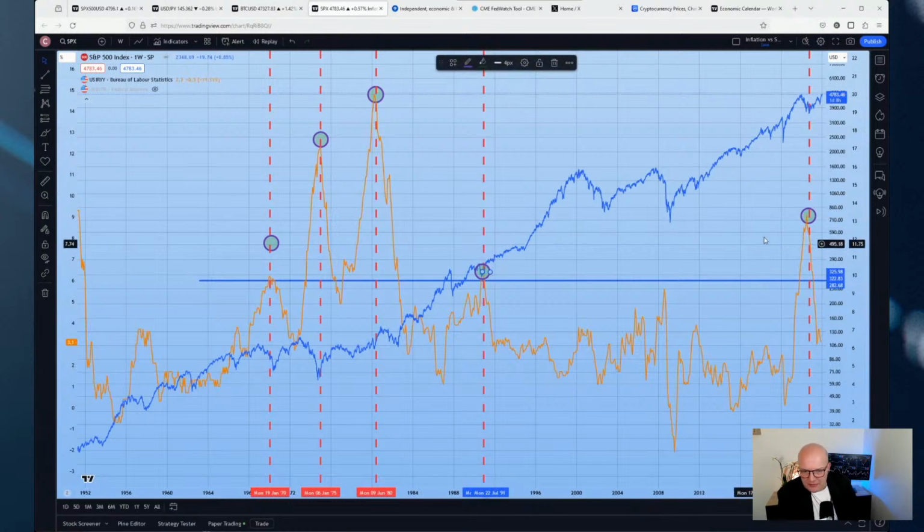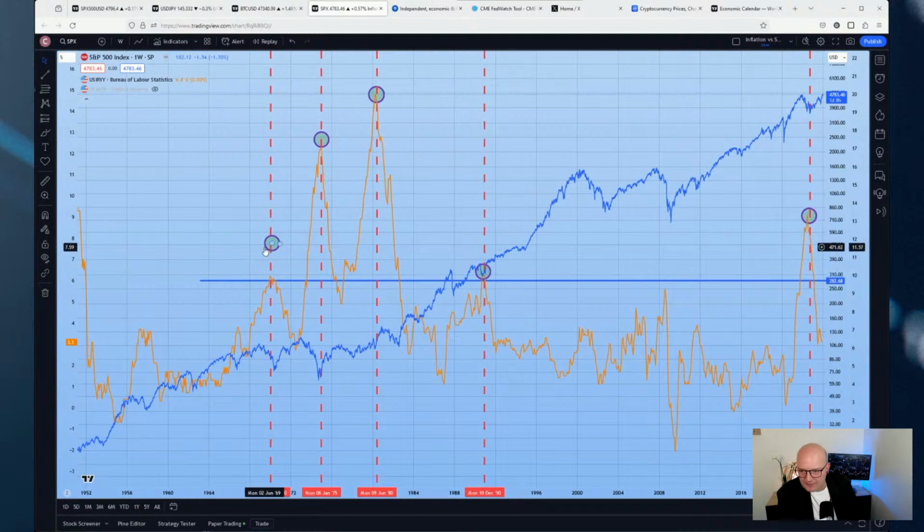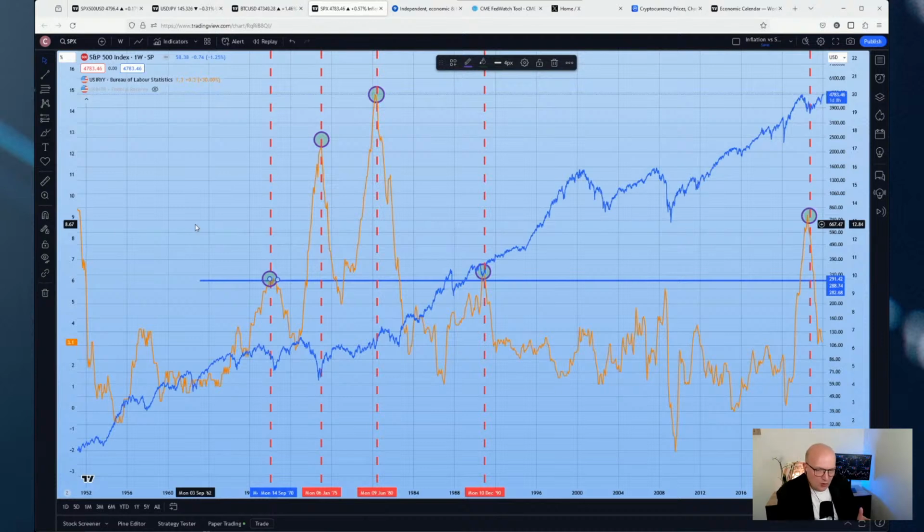So if you check it out here, it was the case, and that was in October 2022. It was the case back in the early 90s, 80s, mid 70s, and beginning of 70s. So it doesn't really matter how far you go back here. Whenever inflation was above 6% and came ticking down, that usually was the low of a stock market.